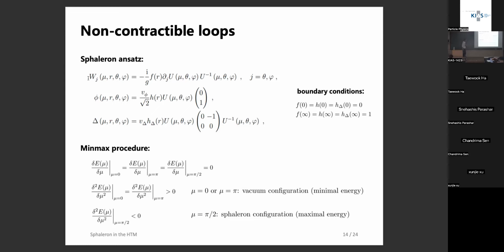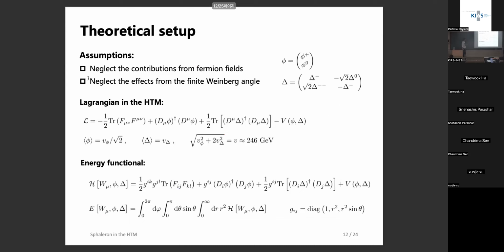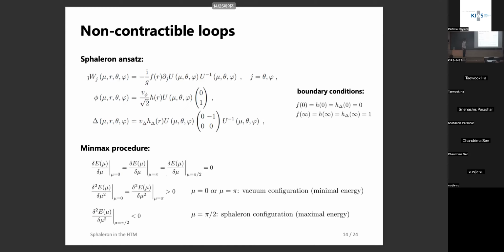Then we can use the min-max procedure, as I said before, because now you have the expression of all of the gauge fields and the scalar fields. You simply substitute them back into this energy functional, and now the energy is a function of one parameter mu. And you calculate the first derivative and second derivative of the energy with respect to mu.